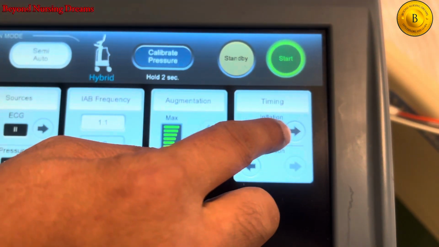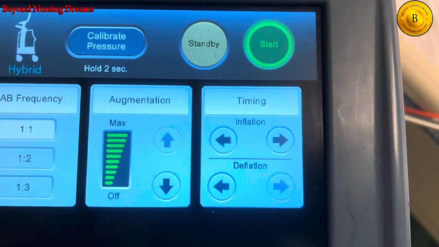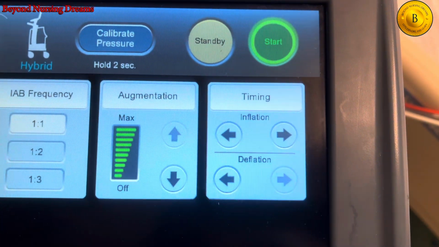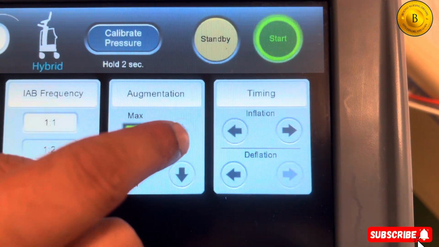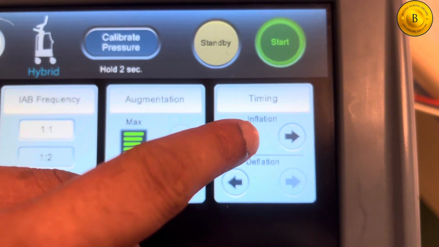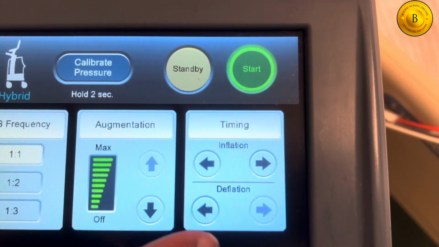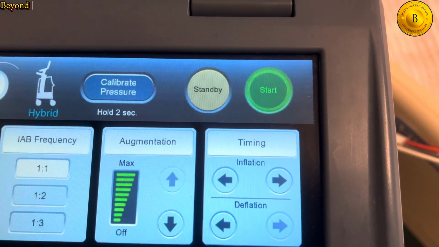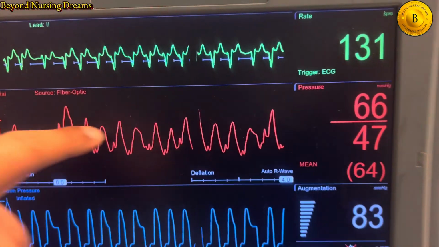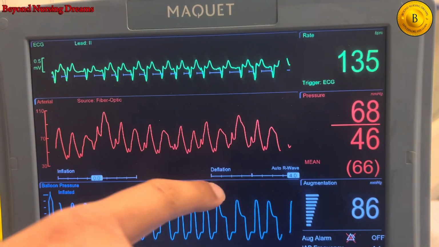This is our timing, inflation and deflation time. For example, sometimes the patient is in an arrhythmia condition, so we need to set the timing of our balloon catheter inflation and deflation. Also you are seeing our arterial line waveform.